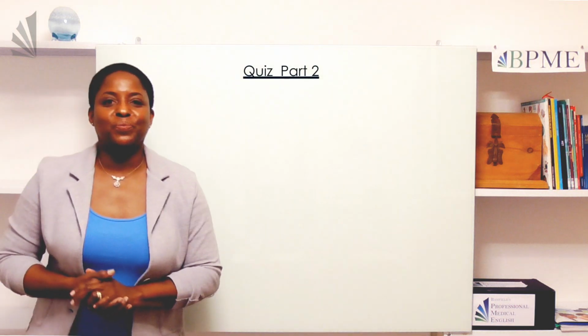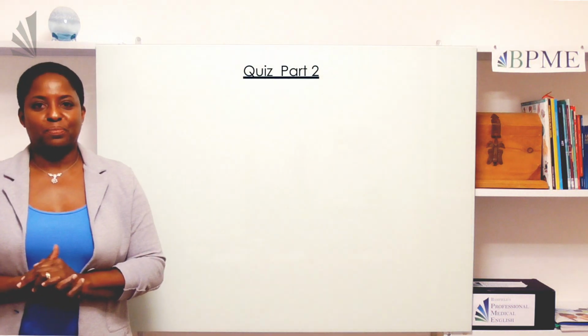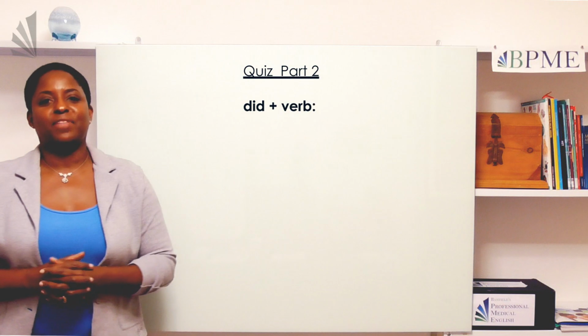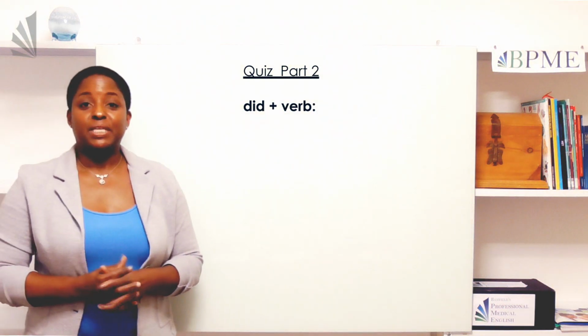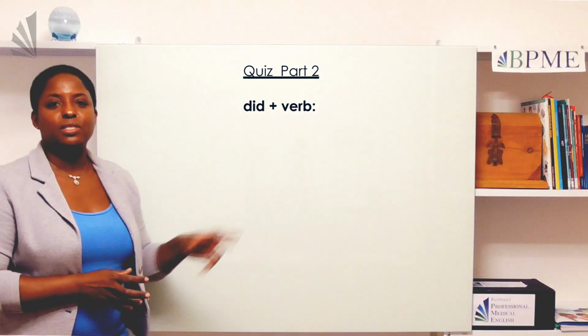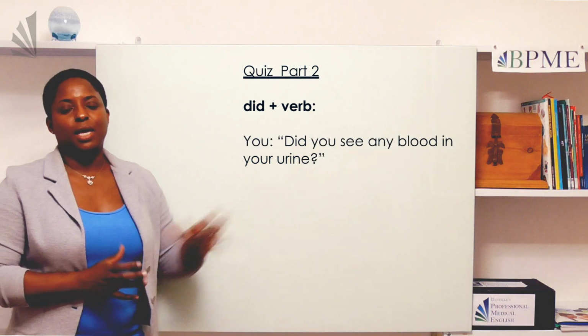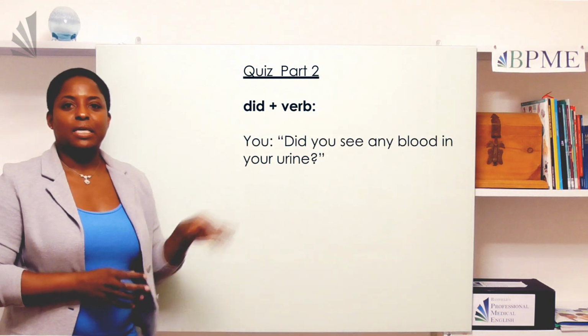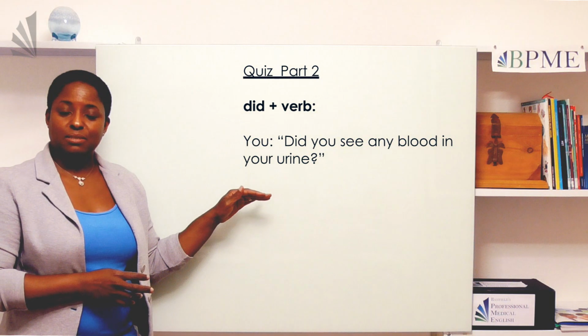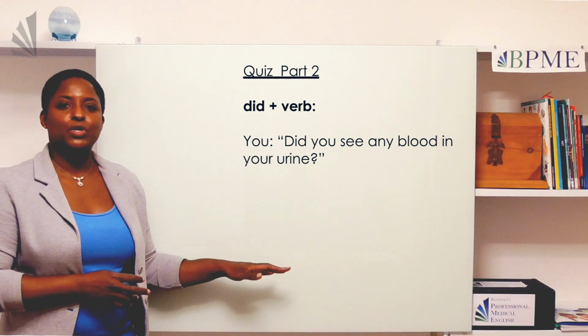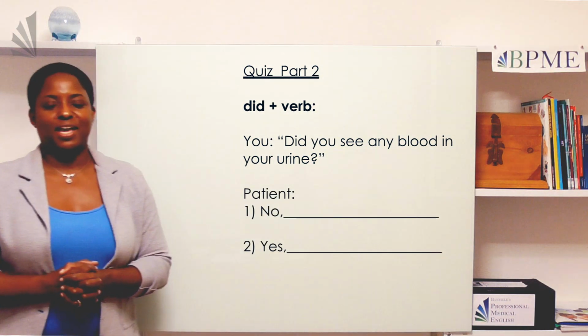Part 2. Let's look at the other form, using a verb and the helping verb did. This time you ask the patient, did you see any blood in your urine? They answer yes, or they answer no. How do they answer you?